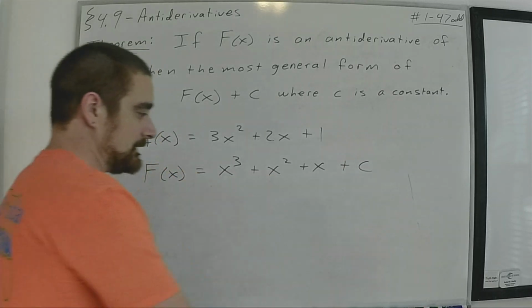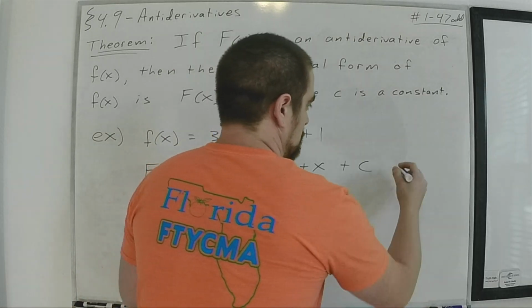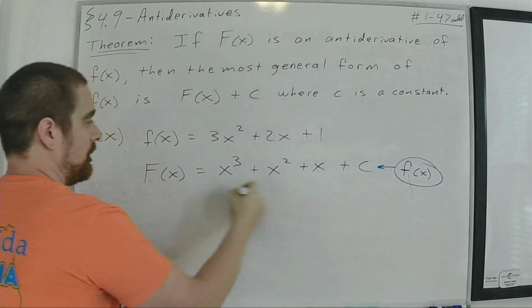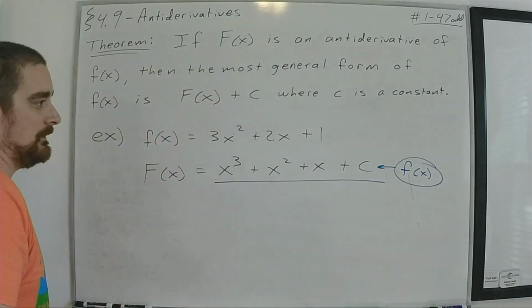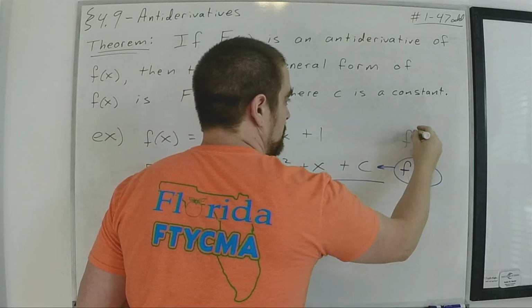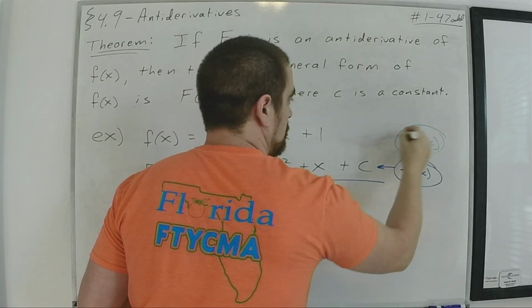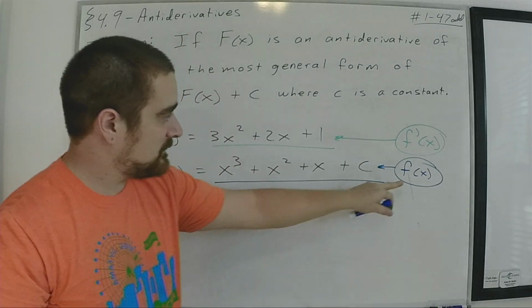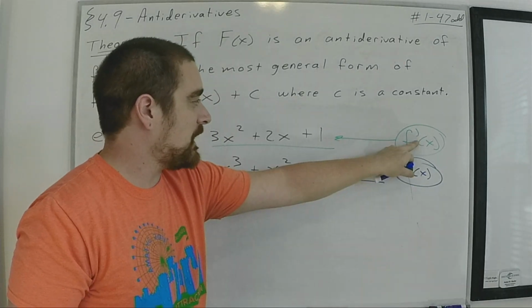So what's happening is you're taking what we used to call f of x, and you're differentiating this function to get f prime. And that's what we used to do. We used to start off and say, okay, this is f of x, this is f prime of x.